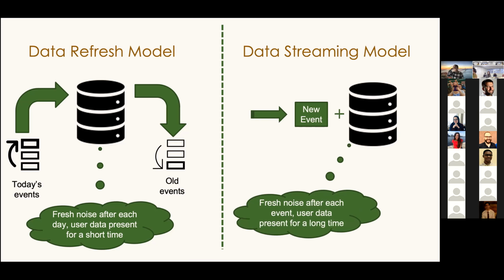For each query asked on this data, we can't add a pseudo random seed that depends on the date, because new events are streaming in real time. We might have a totally different data set at every millisecond. So fresh noise would have to be added after each event.